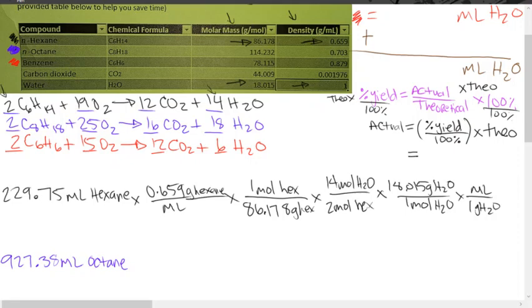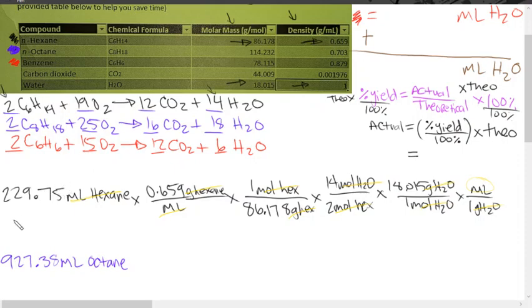Okay, so really quick checking to make sure units cancel. Milliliters of hexane, milliliters, grams of hexane, grams, moles of hexane, moles, moles of H2O, moles, grams of H2O, grams. We're left with just milliliters. Cool, perfect.